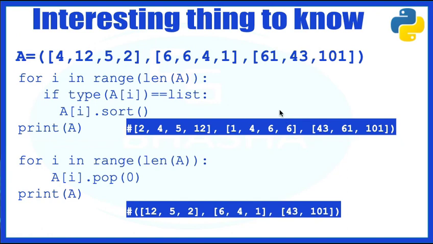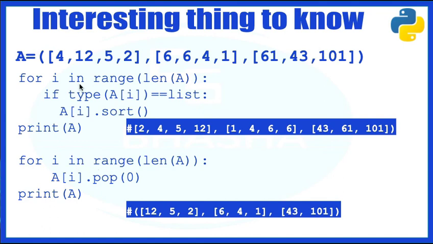Similarly, in this particular example, you are trying to delete the first element of every list. Because it's pop 0, I is 0.